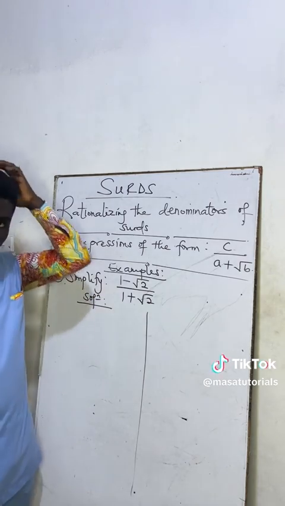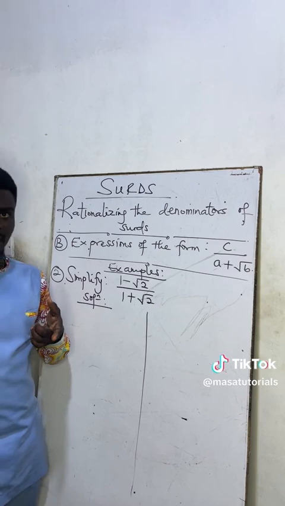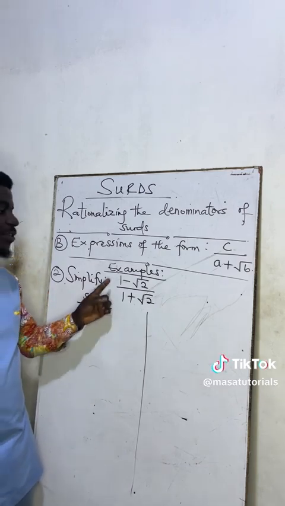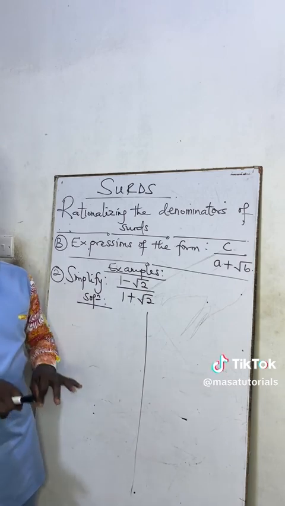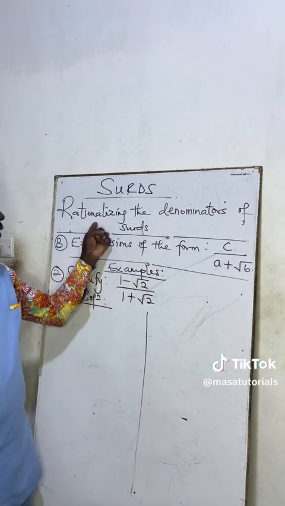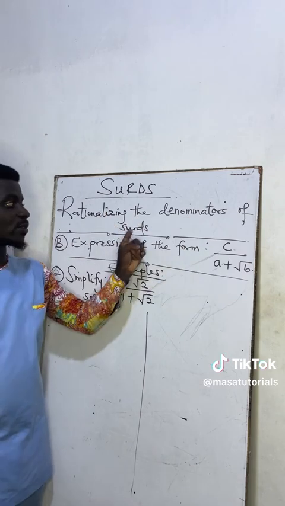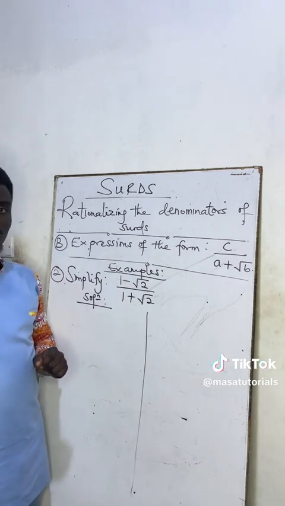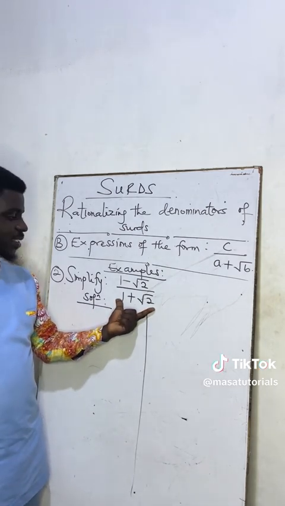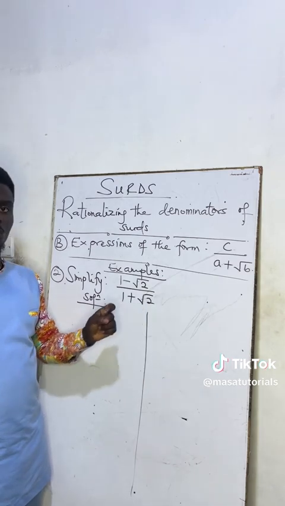So we don't go to the numerator and rationalize. Of course, yes, we can rationalize the numerator, but our focus in this lesson is rationalizing the denominators of surds. So here, we have to rationalize the denominator, which is 1 plus square root of 2.